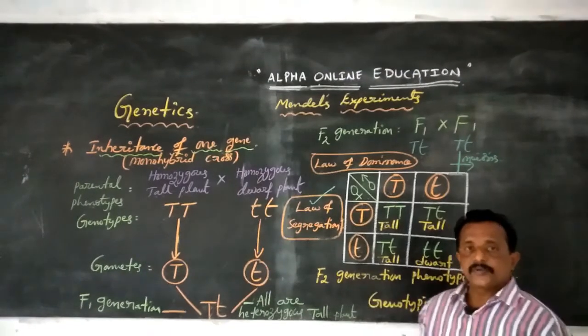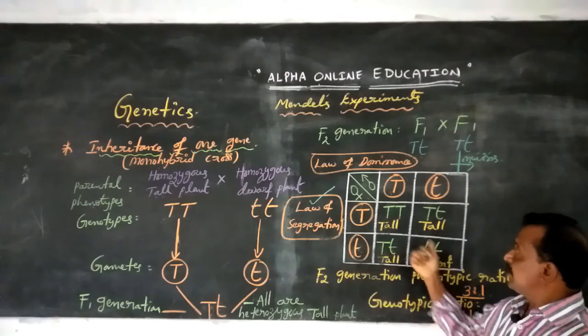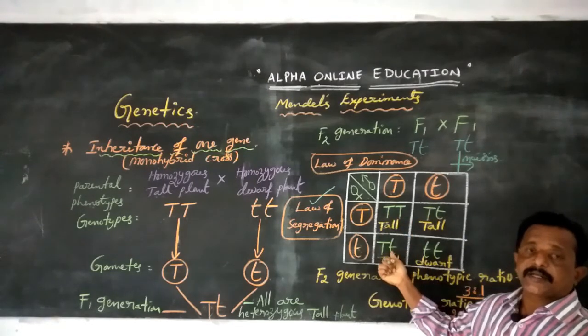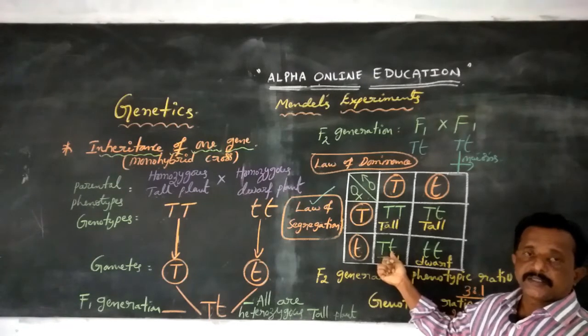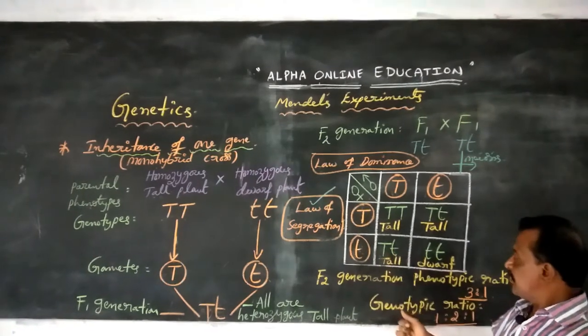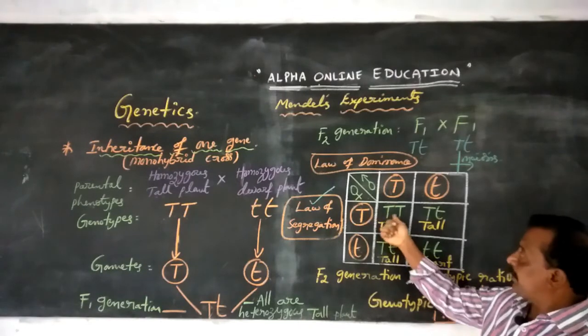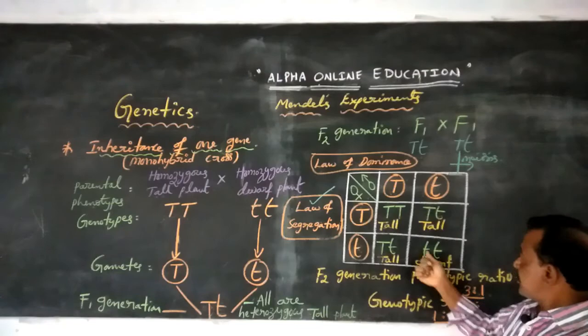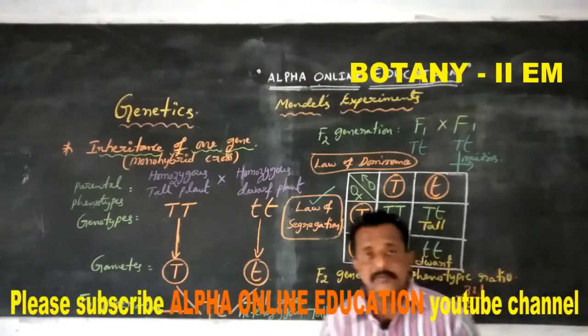Homozygous dwarf has similar kinds of genes, while heterozygous has dissimilar kinds. The genotypic ratio is capital T capital T 1, capital T small t 2, small t small t 1.